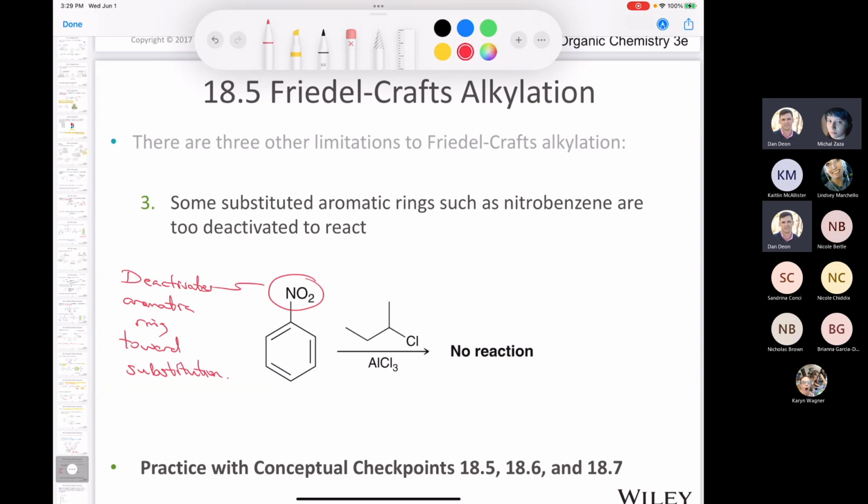So essentially, you put a nitro group on there, it just shuts the whole thing down. The ring just says, no, I'm not doing it.